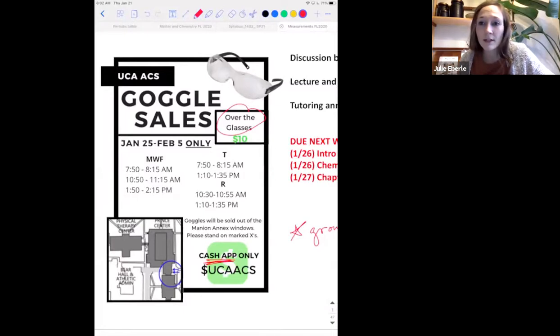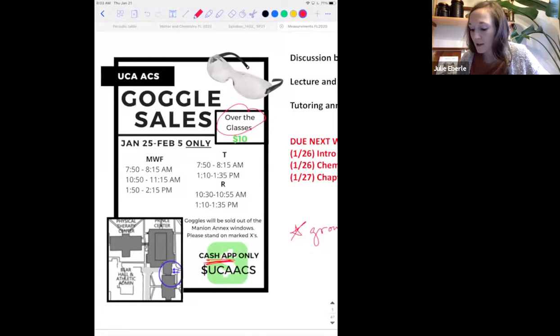I had a student send me a picture of their goggles though. They bought some at Lowe's. Lowe's has the approved kind of goggles for our course as well, if you don't want to buy them online. Somebody said they checked out that link on Amazon that I shared in an email and that they weren't going to arrive on time. So if you're looking for a place to buy goggles, Lowe's has them. Our department is selling them, and here are the times that they're selling them.